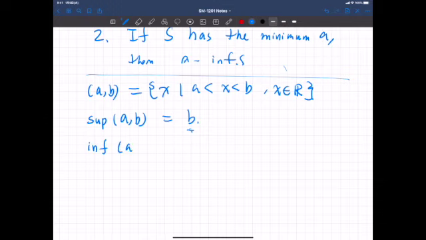And the infimum of the interval between a and b is a. In this case, the supremum and infimum are not elements of this subset of real numbers, right? Nevertheless, they are the supremum and the infimum.